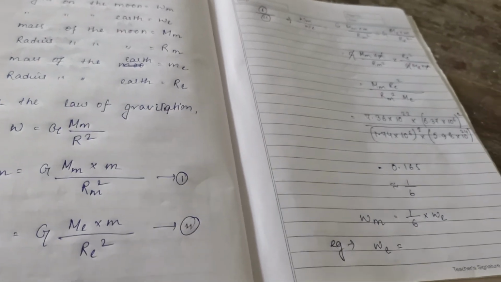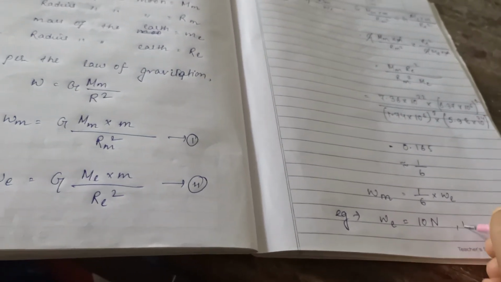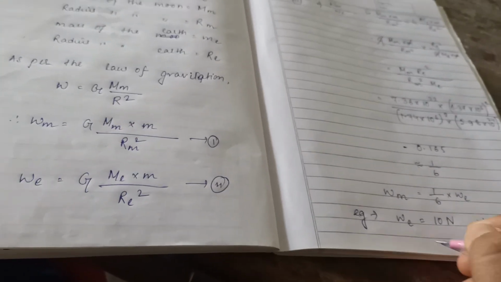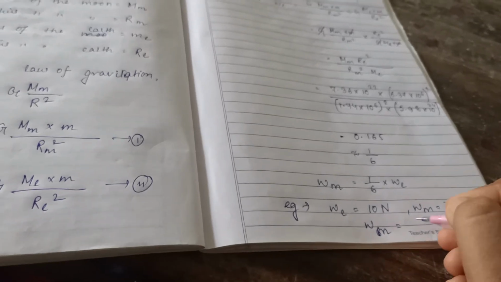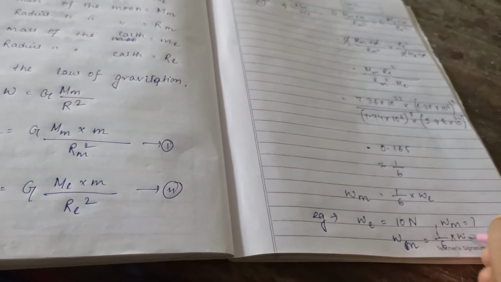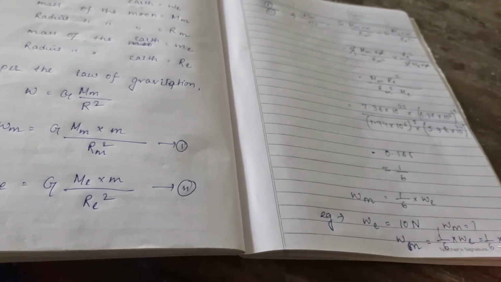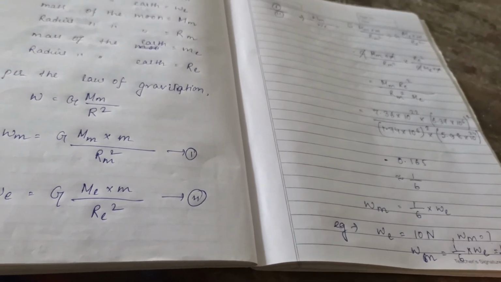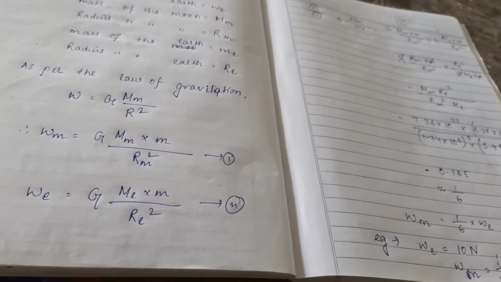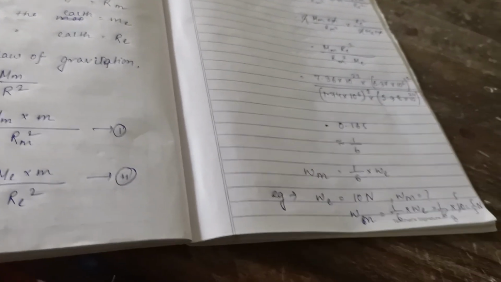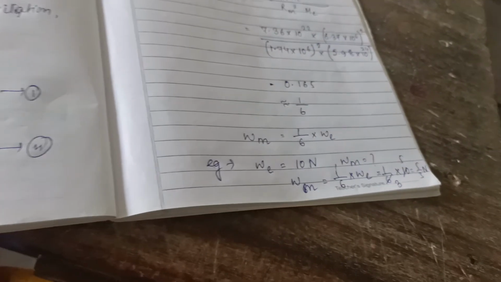So what will be its weight on the surface of the moon? You can write weight on the surface of the moon is 1/6 the weight on the surface of the earth. So it will be equal to 10 by 6, which is 5/3 Newton. So the weight on the surface of the moon will be 5/3 Newton.